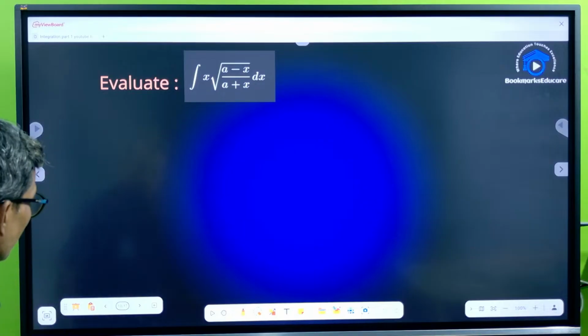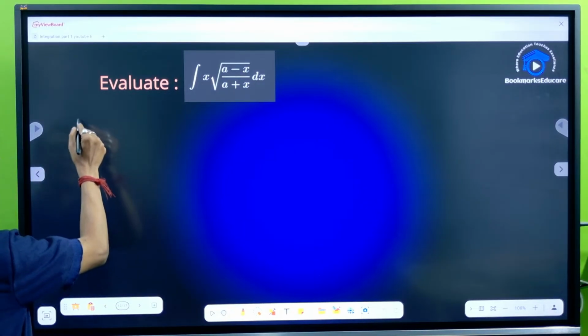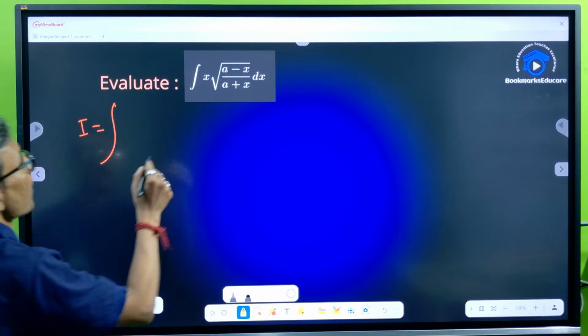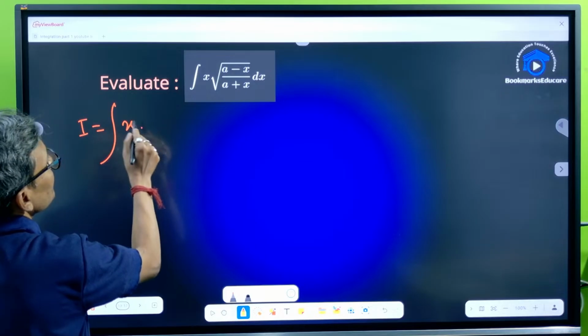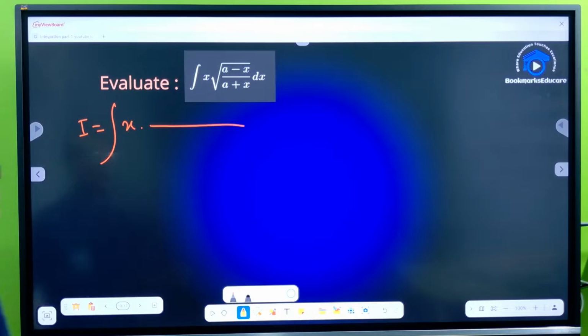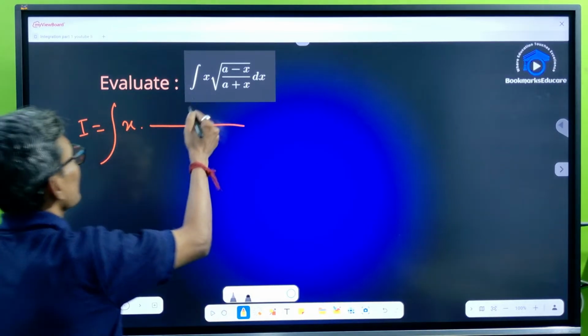This is also a special sum that can be solved. First of all, x into, we have to rationalize the numerator by the denominator.